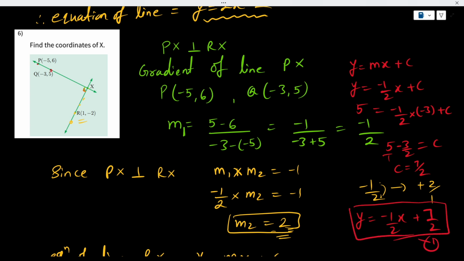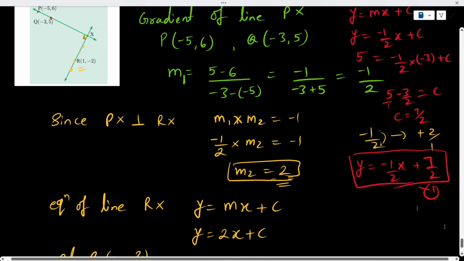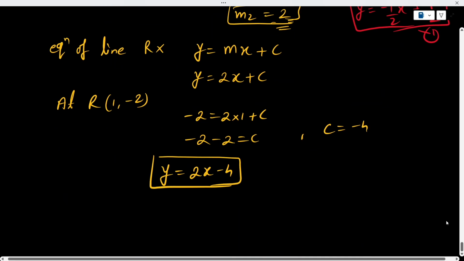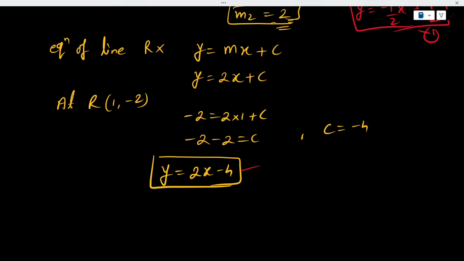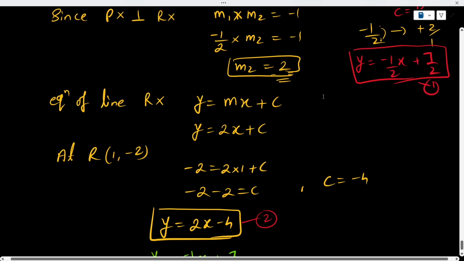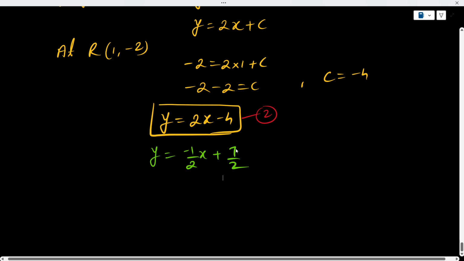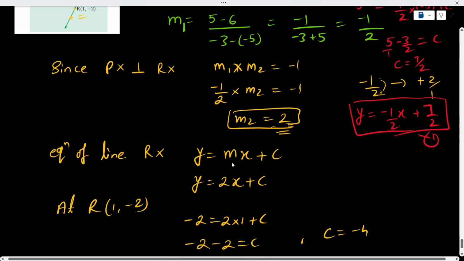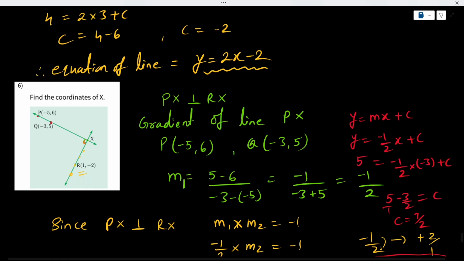Let us write it down here. This is your equation 2, the line 2 equation. What was your line 1 equation? y equals -1/2 x plus 7/2, from 1. Okay. Now I have to solve both, because in this question there is an intersection, so there is an integration of simultaneous equations also.